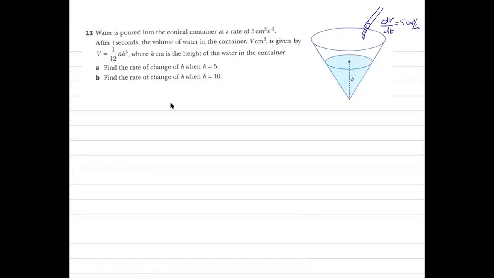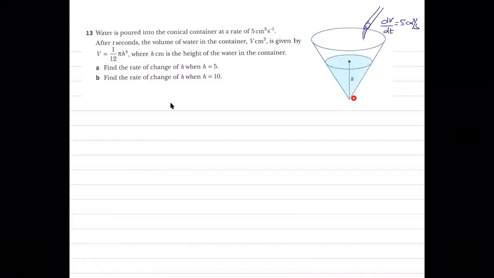Now that means that after every second, the volume is going to increase by 5 centimeter cube. So after 2 seconds, it's going to be 10 centimeter cube in the container. After 3 seconds, it's going to be 15 centimeter cube in the container. Now, obviously, it also depends on the volume capacity of the container. After t seconds, the volume of the water in the container V centimeter cube is given by V equals 1 over 12 pi h cube.